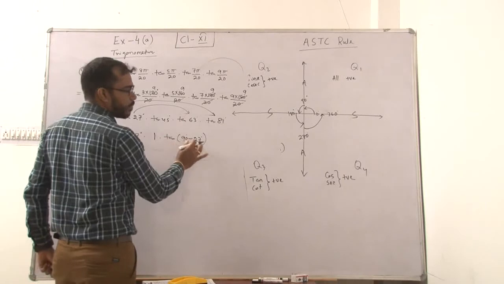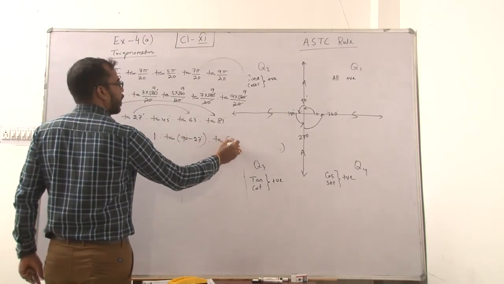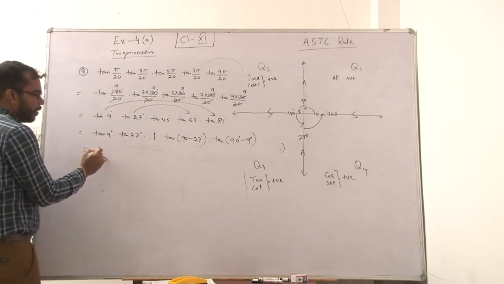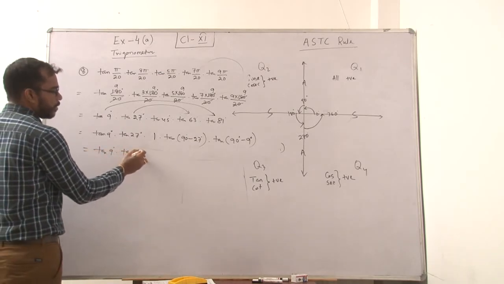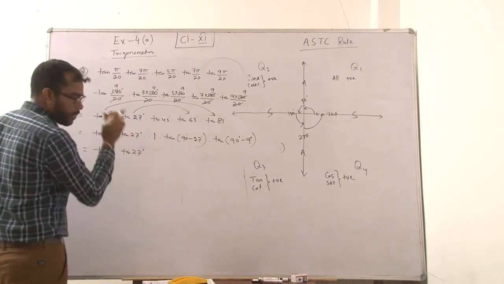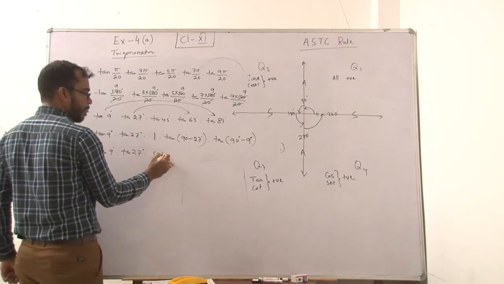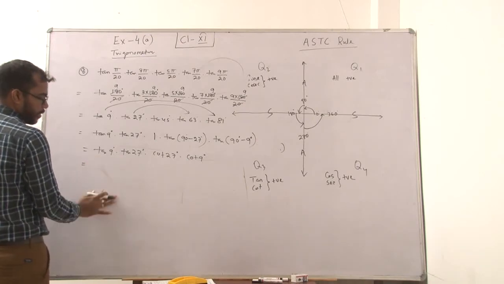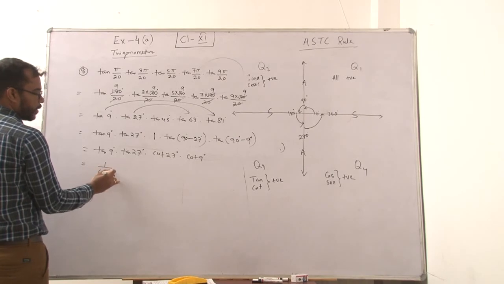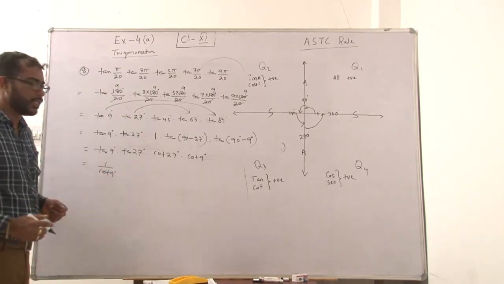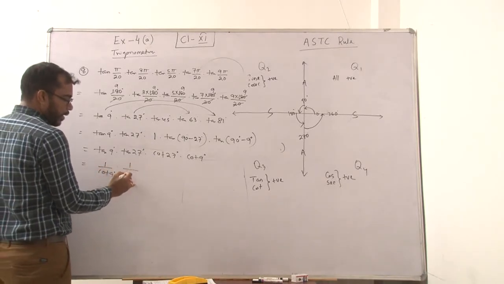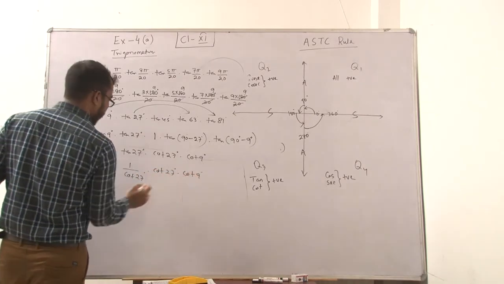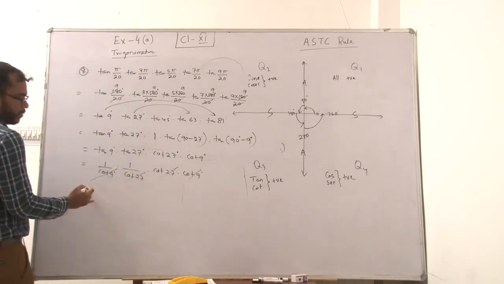Tan 90 degree minus 27 is cot 27, and tan 90 degree minus 9 is cot 9. Using the formula tan is 1 by cot, we cancel cot 9 with cot 9 and cot 27 with cot 27.